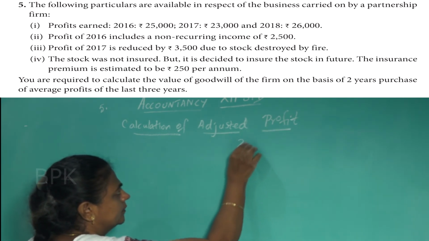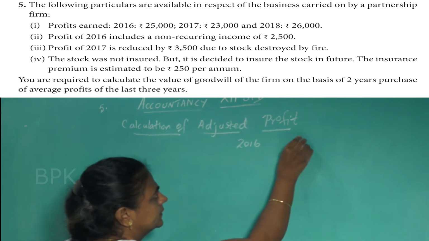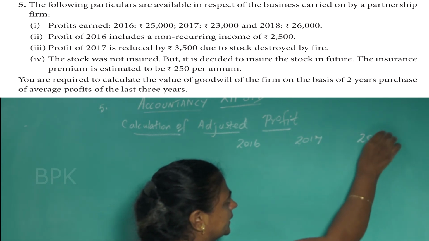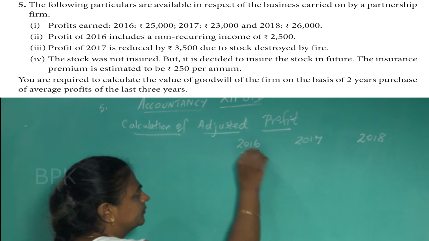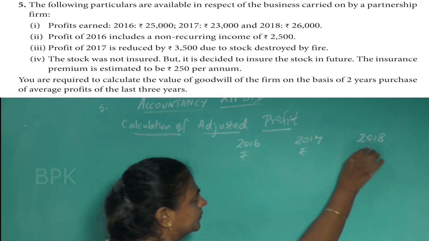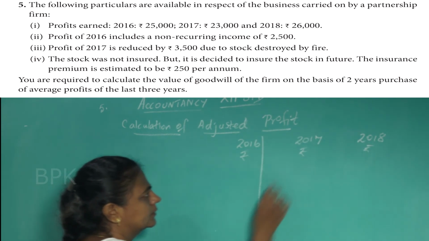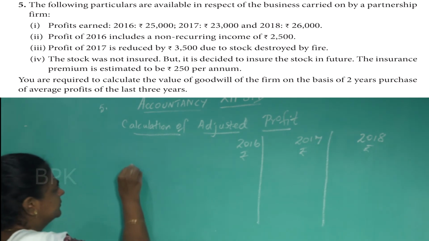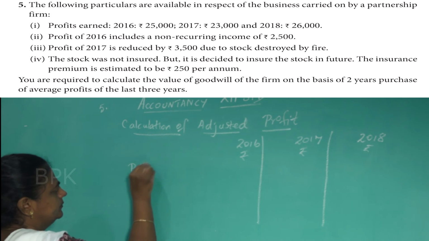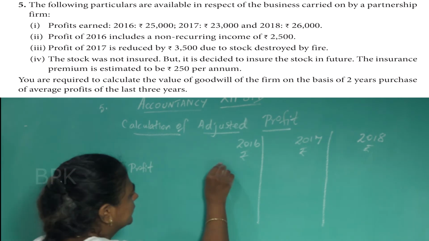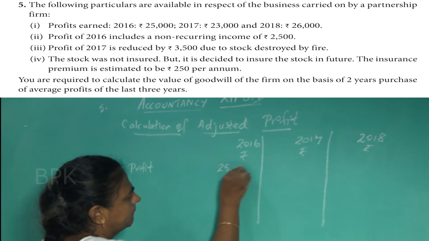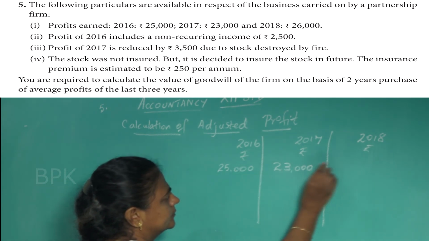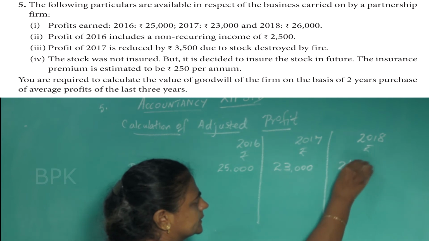For the year 2016, 2017 and 2018. Profit, see the question: 25,000, 23,000, 26,000.